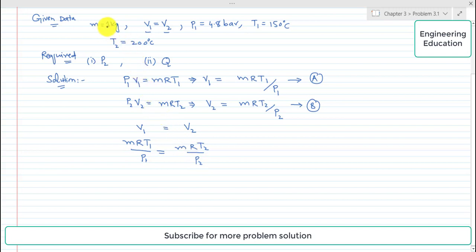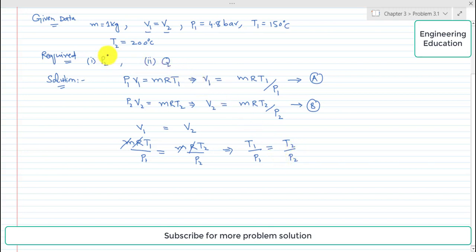The mass is constant, that is 1 kilogram, so it will be cancelled. Similarly, the value of R is same for air, and it is 287 joule per kilogram per Kelvin. So we can write this expression like this: T1 over P1 is equal to T2 over P2.